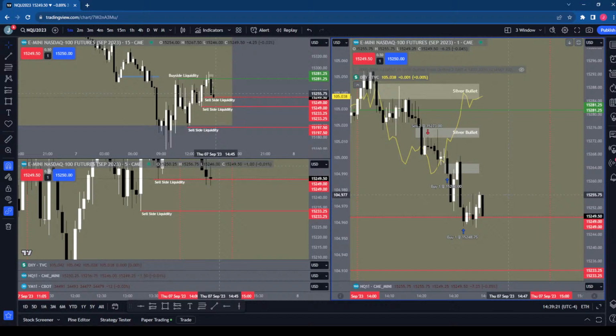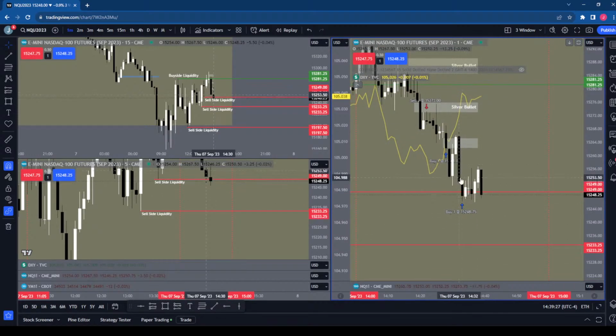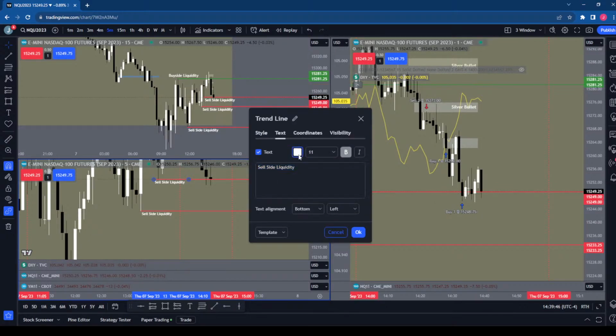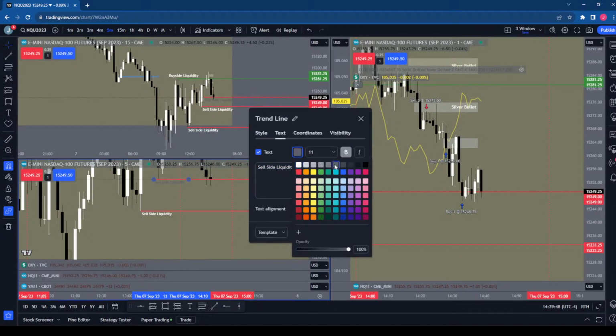Okay, so we came up, closed right below consequent encroachment of this BISI, SIBI. Start turning this gray. That's a good gray.